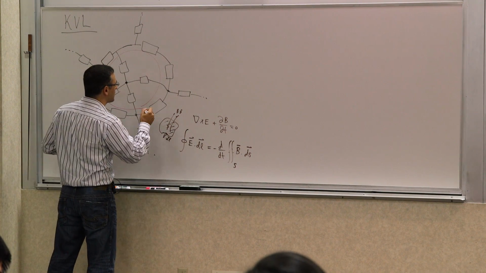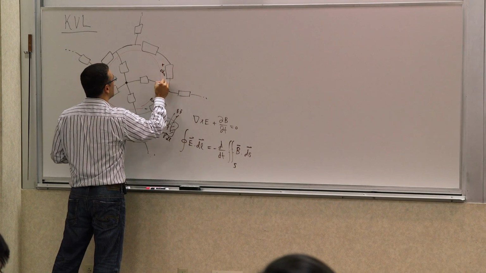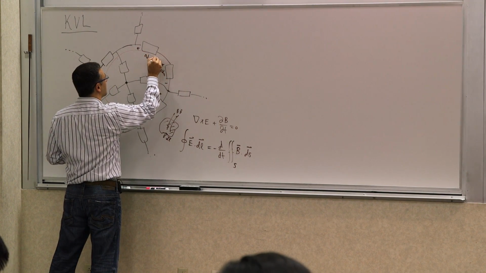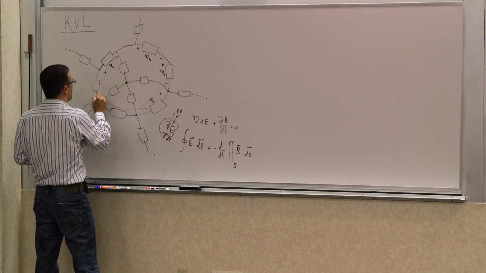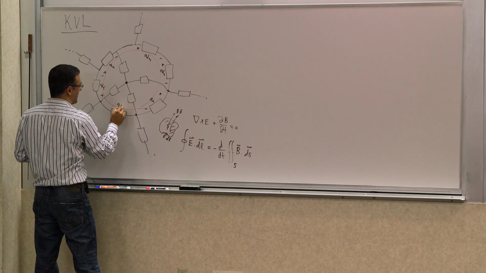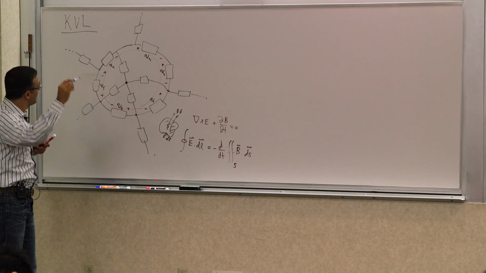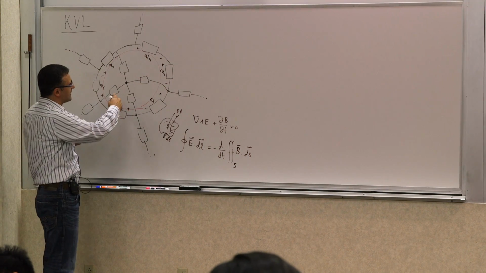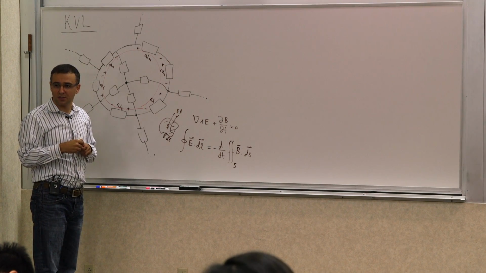And the sum of the voltages, so let's call these V1, V2, V3. We should keep the polarities consistent, obviously, right? V4, V5, V6. Oh, thank goodness it's over. So now it's basically the algebraic sum of all these voltages.